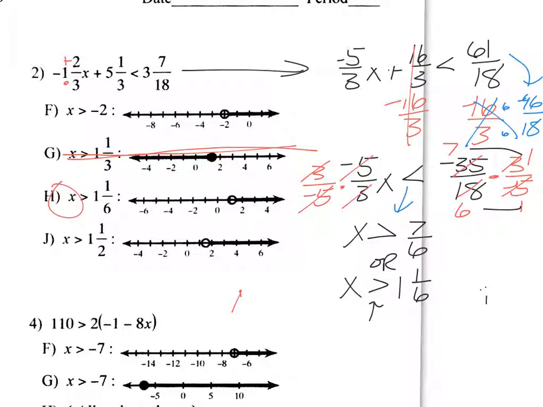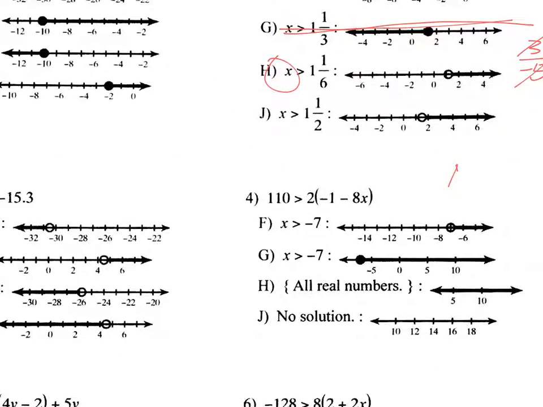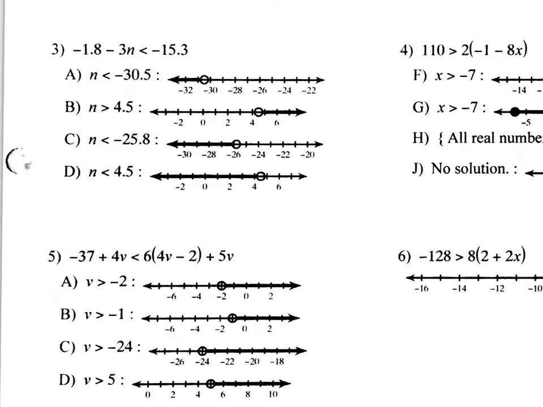So now that we've seen the steps, I'm going to try to work through these others a little more quickly here. Here we have a decimal. So I'm going to bring it down here. Negative 1.8 minus 3 over n less than negative 15.3. So add 1.8.